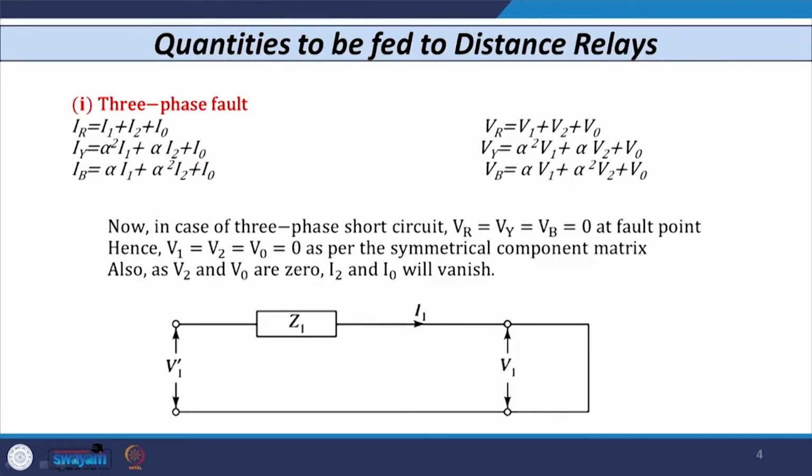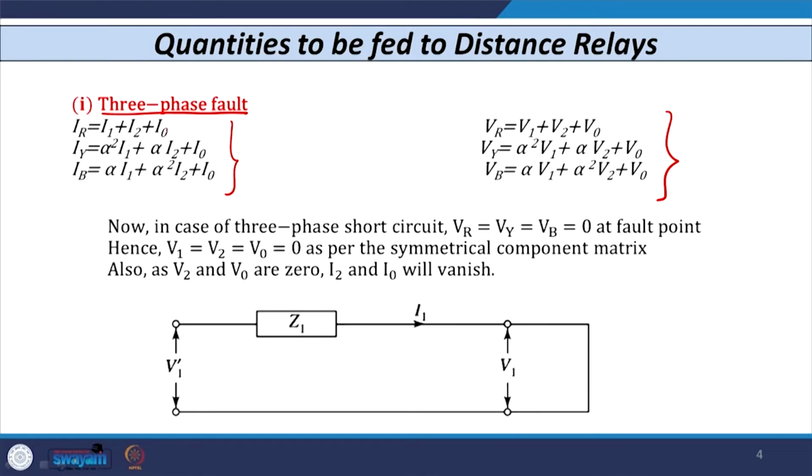So, let us start our discussion with each type of fault one by one. Let us consider first the 3 phase fault and see what quantity we need to feed to the distance relay. Before we start, two equations are very important, related to the sequence components of currents and voltages. We know that R phase, Y phase and B phase are the 3 phases.